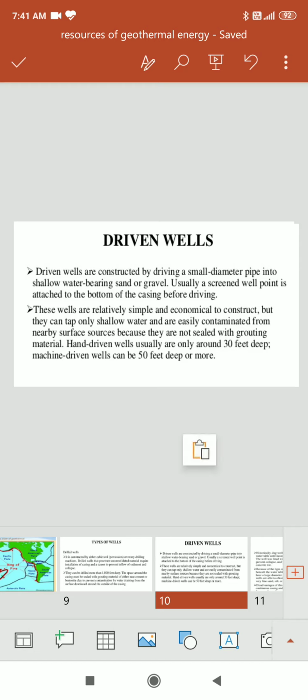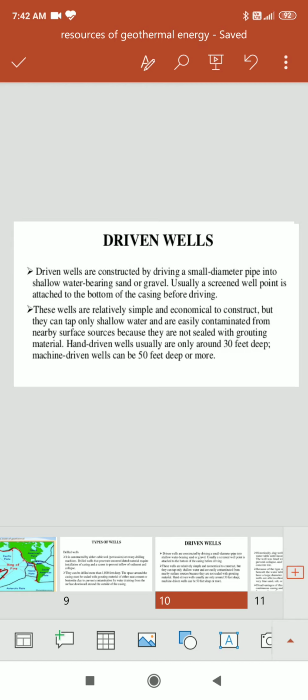Hand driven wells usually are only around 30 feet deep. Machine driven wells can be 50 feet deep or more. Driven wells are constructed by driving a small diameter pipe into shallow water bearing sand or gravel.